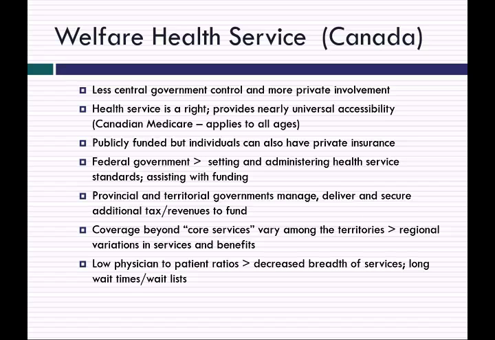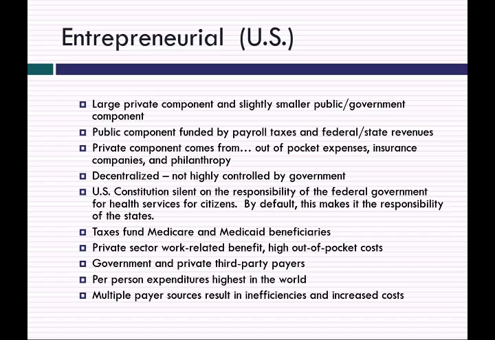Many individuals in Canada, if they can afford it, have purchased private insurance because it helps them receive needed healthcare services quicker, and maybe at a different level than they would otherwise. The main question with the Canadian system is one of sustainability. There's a significant question of whether this publicly funded system can be maintained.